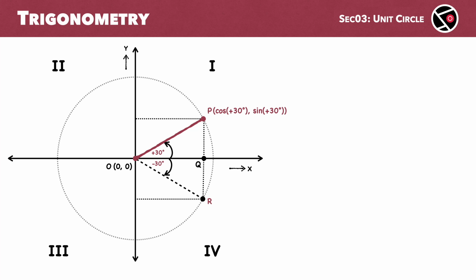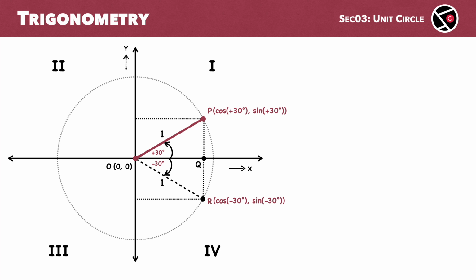Also, OP and OR are both radii of the unit circle. So both equal 1. Now what are the coordinates of R? The x coordinate is cos minus 30 degrees and the y coordinate is sin minus 30 degrees. Before we go any further, let me quickly revisit some basics.